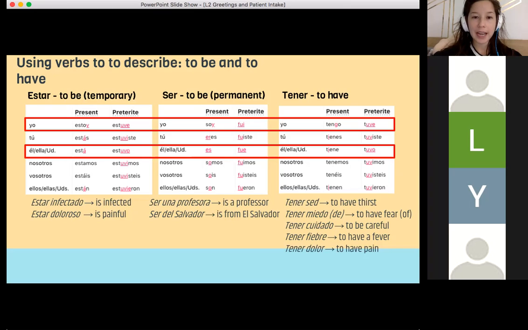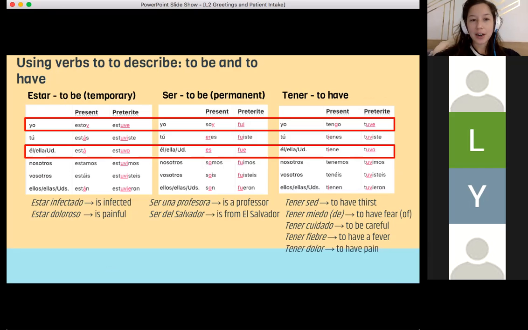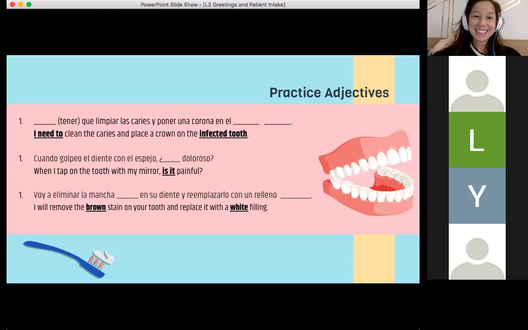Ser would be soy and es in present tense, and tener would be tengo and tiene. And we'll go over more irregular rules a little bit later on, but these are extremely irregular, so take little steps at a time.